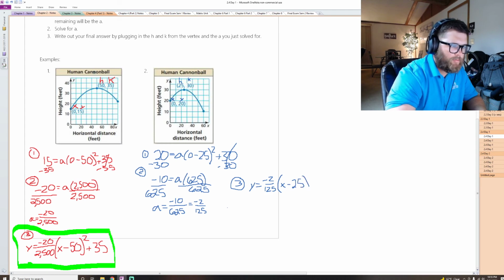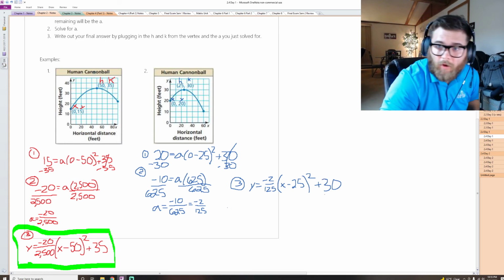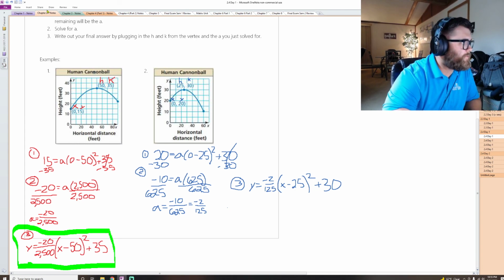Remember, the h value is my x component of the vertex, and then plus k, which is plus 30. Hard? Not really. It's pretty straightforward. So right there's your answer, exactly what we want.